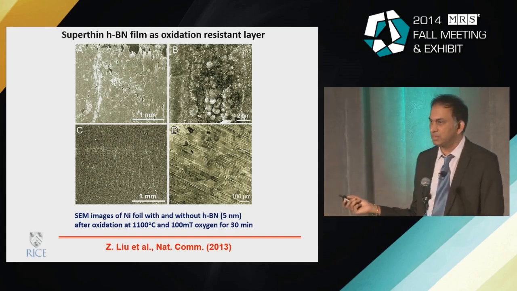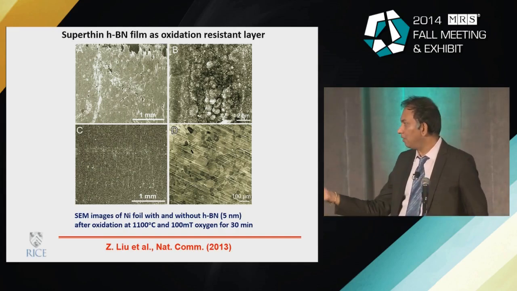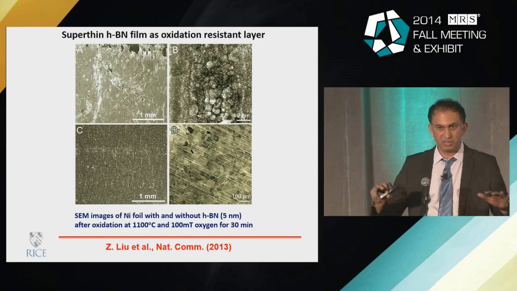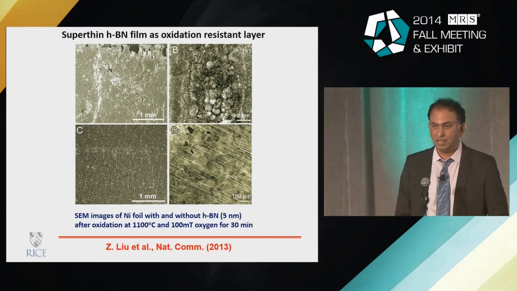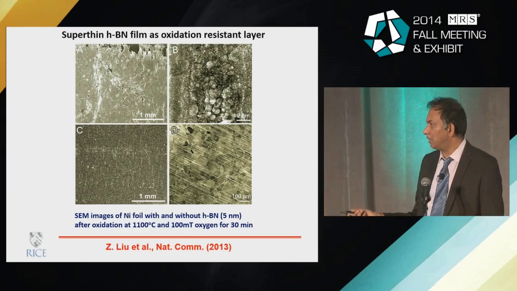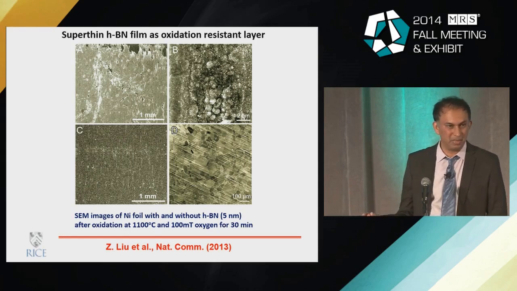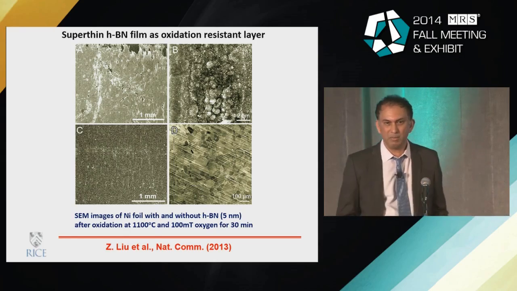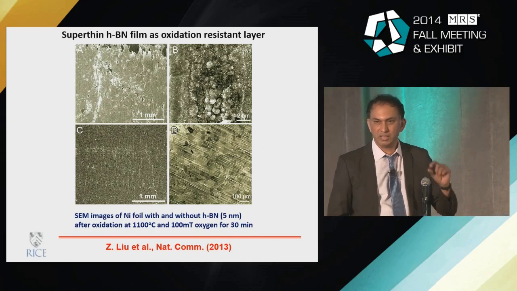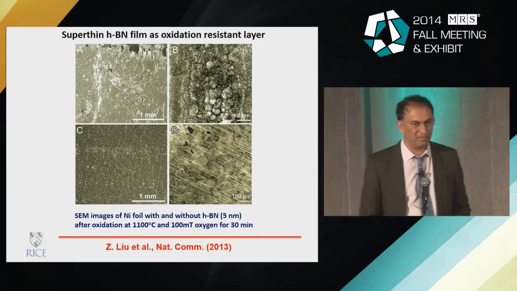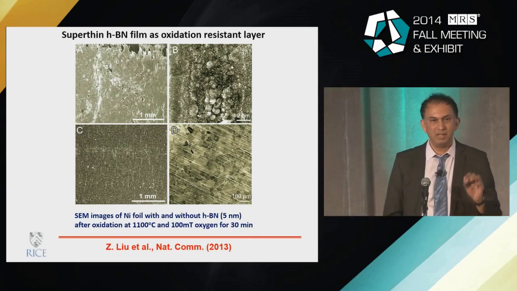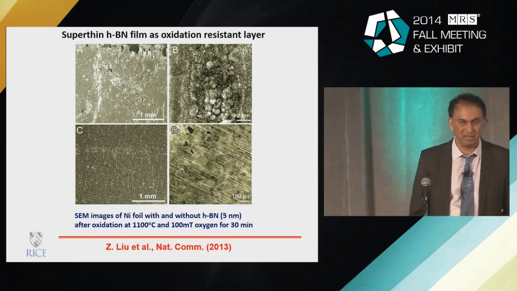Here is an experiment that shows that if I put about 5 nanometer thick continuous boron nitride film on metal surfaces, the metals can withstand oxidation up to about 1,000 degrees in air. So these are really very robust layers. Although they are so thin, almost non-invasive in many ways, they can be extremely useful in protecting surfaces.